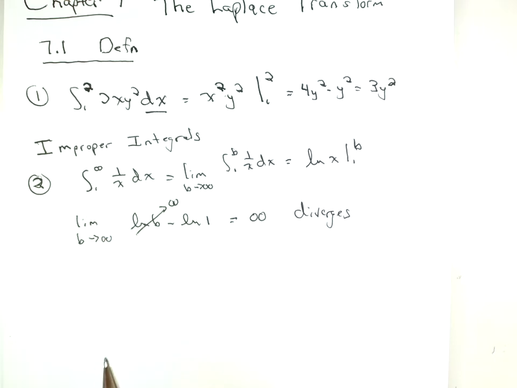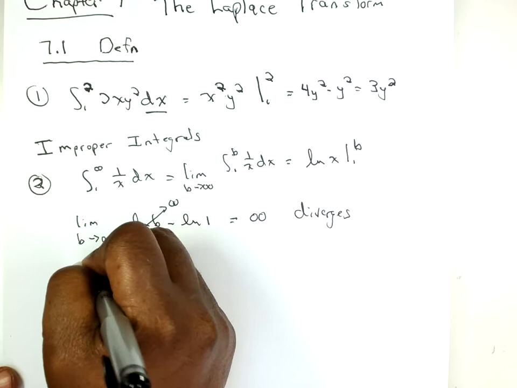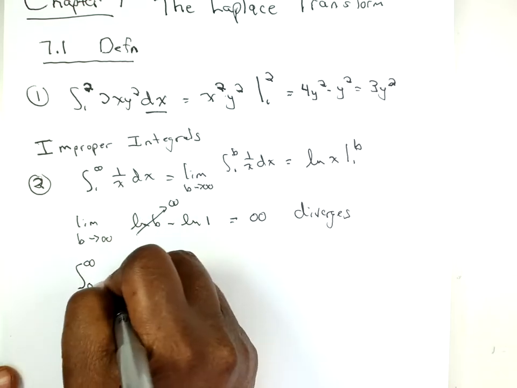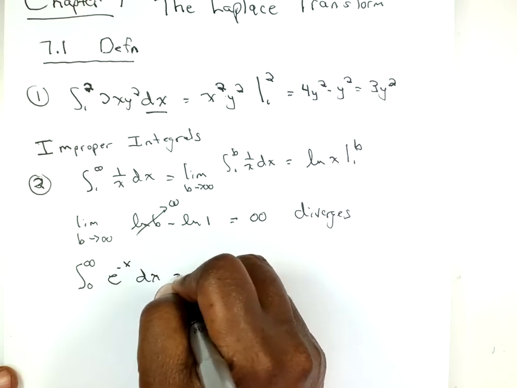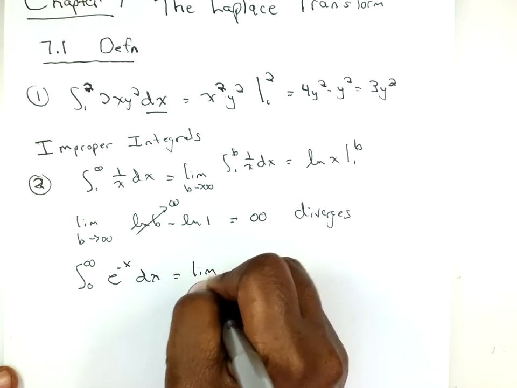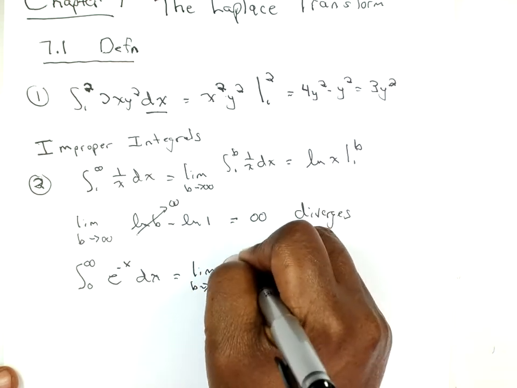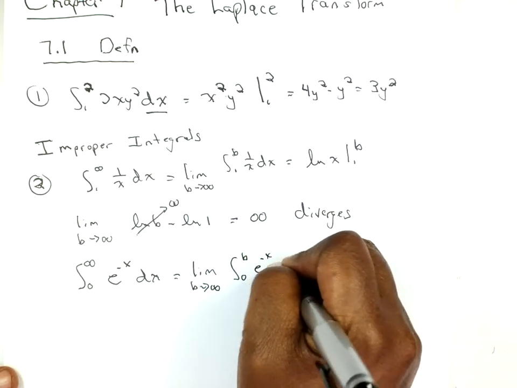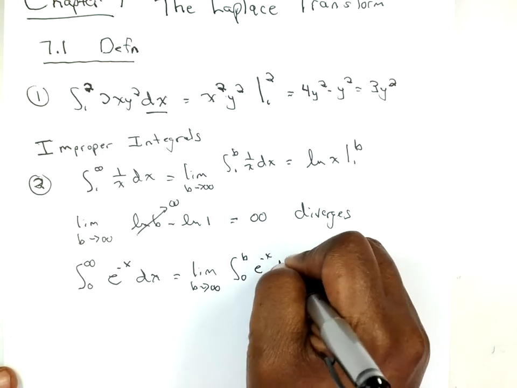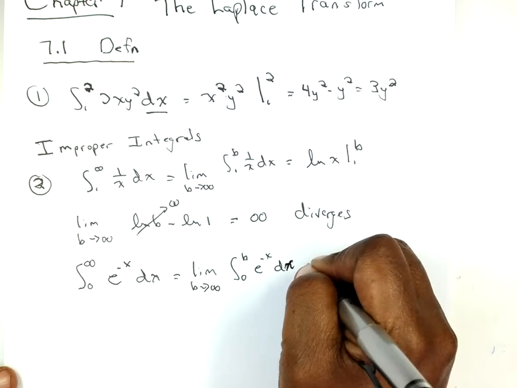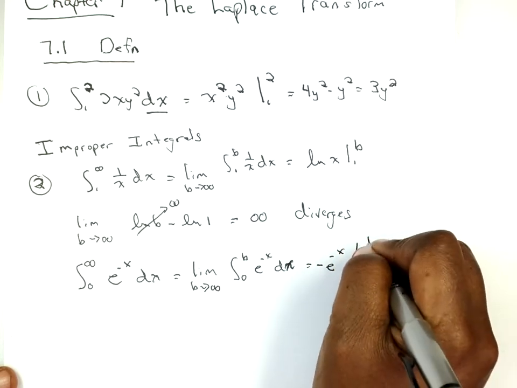Another example, if I'm going from 0 to infinity, e to the negative x dx, when I take that limit as b goes to infinity, so when we integrate that, we get that negative 1 out front. So this just becomes negative e to the negative x from 0 to b.